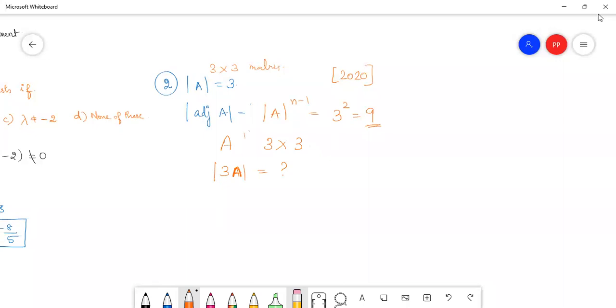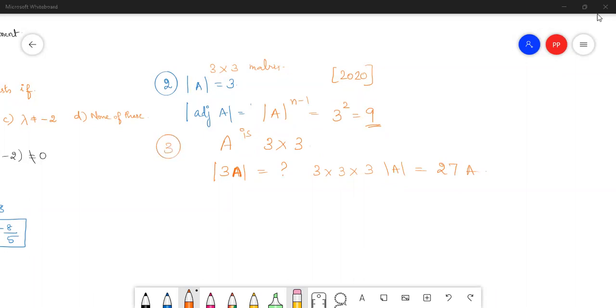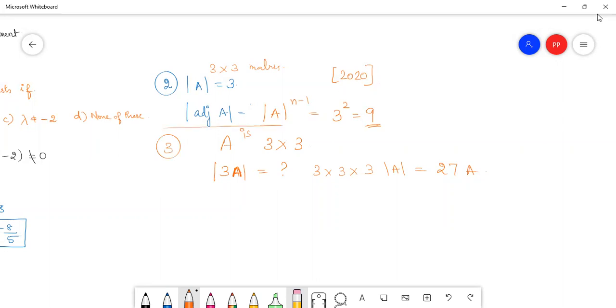A is a 3 by 3 matrix. What is the determinant of 3A? This is a different formula, not the previous formula. That one is for adjoint; this is for the determinant itself.